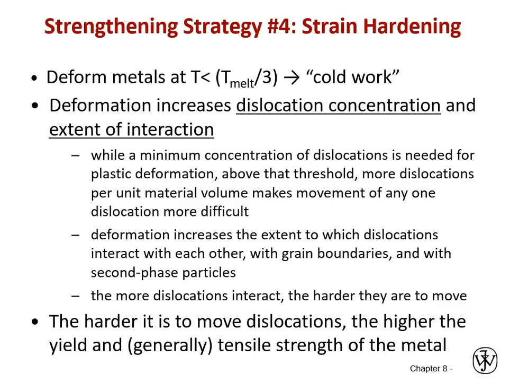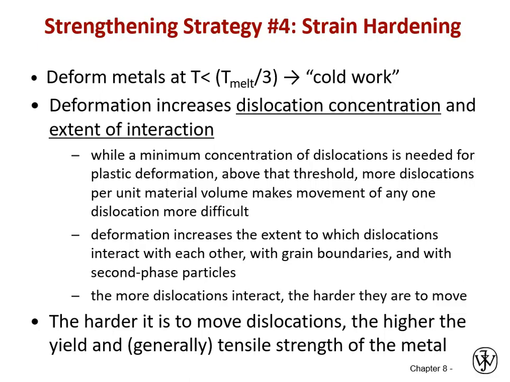And this is called strain hardening. So this is where we will alter a microstructure by deforming it, actually, in order to increase the number of dislocations in the microstructure and to increase their entanglement and interaction with one another, thereby getting those strain fields to interact and making it harder to move.